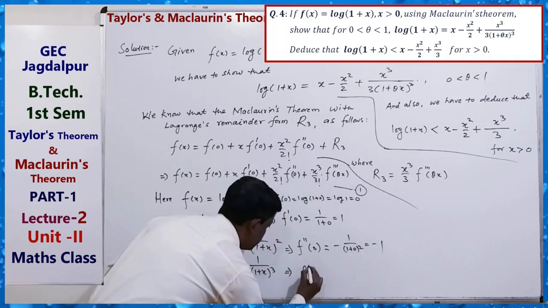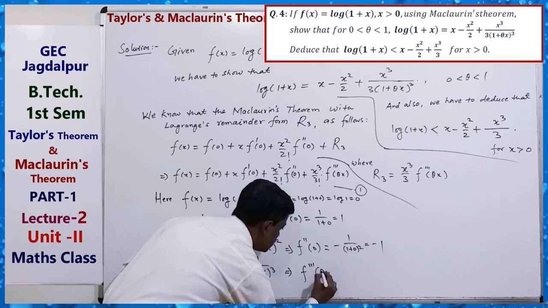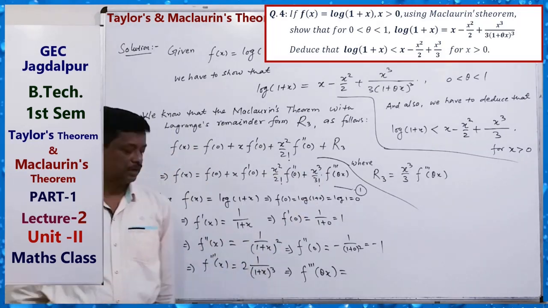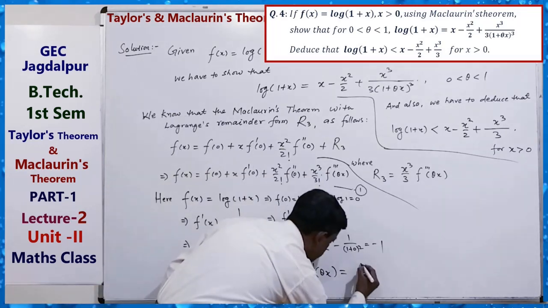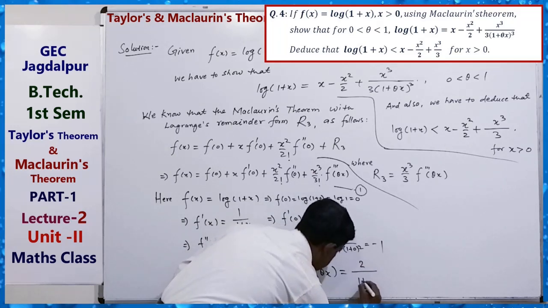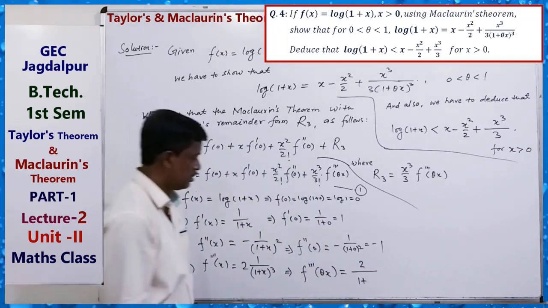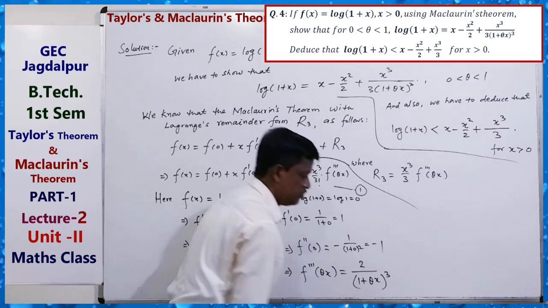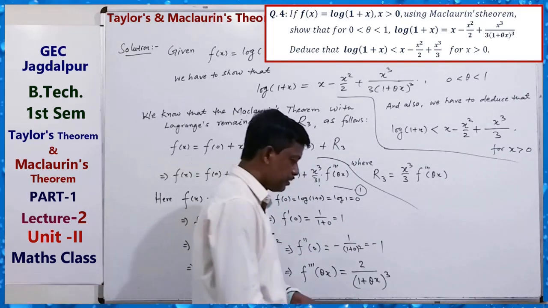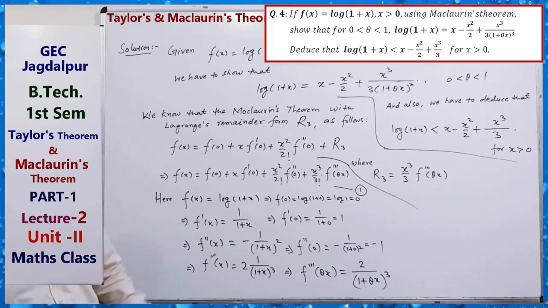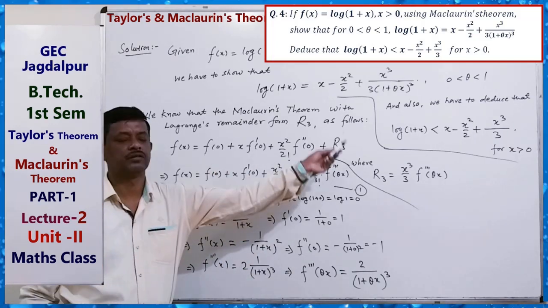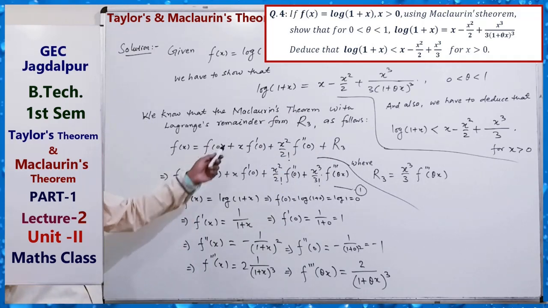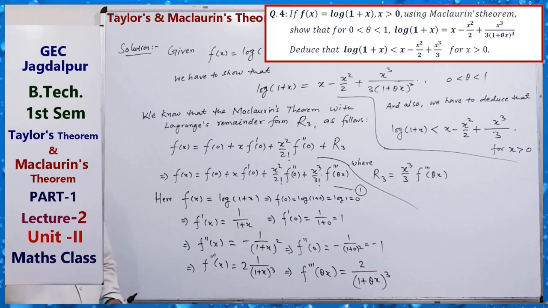The third derivative at theta x is 2 upon (1 plus theta x) cube. So these are the values. Just put them here. After substituting these values in 1, we get this.